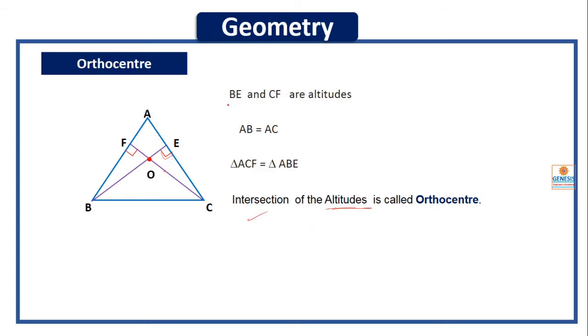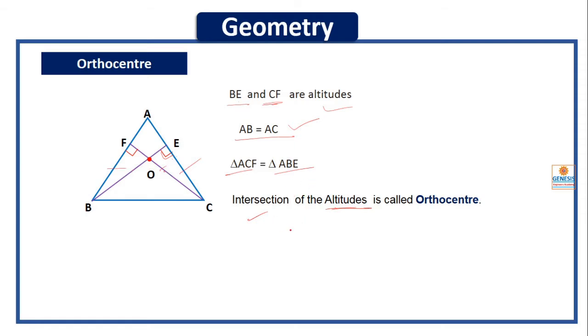BE and CF are altitudes, and if AB is equal to AC, then triangle ACF is equal to ABE, also the same. So these are equal and these are equal. This happens to be the same area.